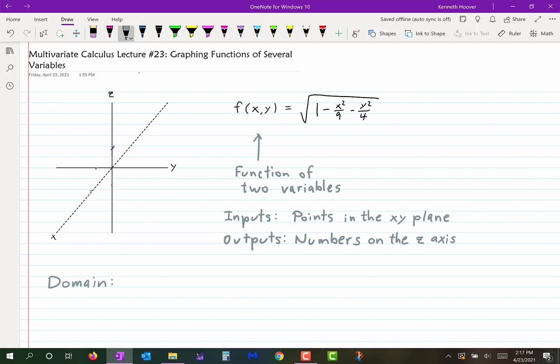So for this function, I would write 1 minus x squared over 9 minus y squared over 4 has to be equal to or greater than 0, which means negative x squared over 9 minus y squared over 4 has to be equal to or greater than negative 1.